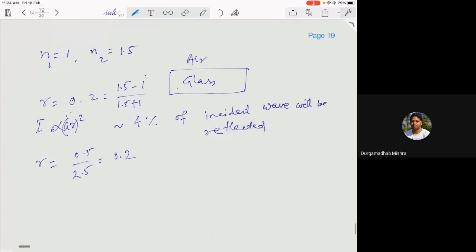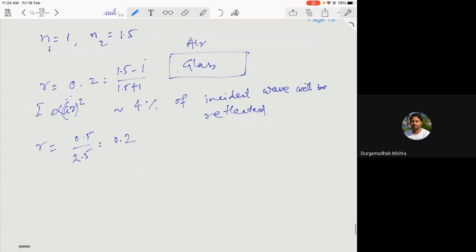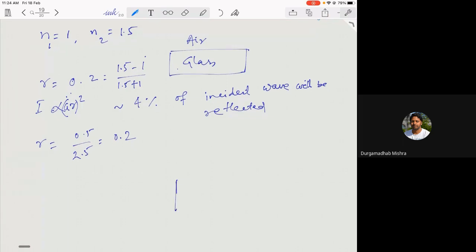So we have a glass surface, and now I put a coating with thickness D, and when there is a reflection, one reflection will be from the bottom surface and one reflection from the top surface.